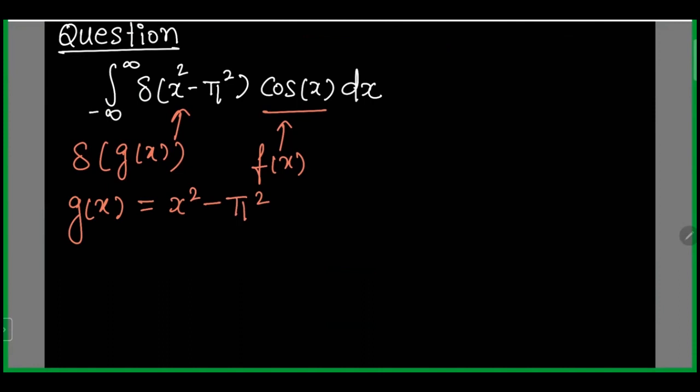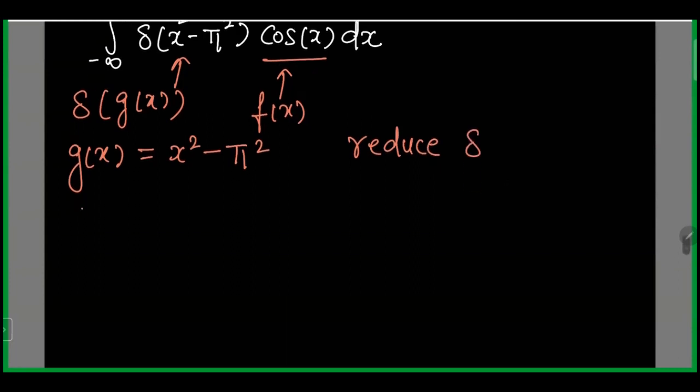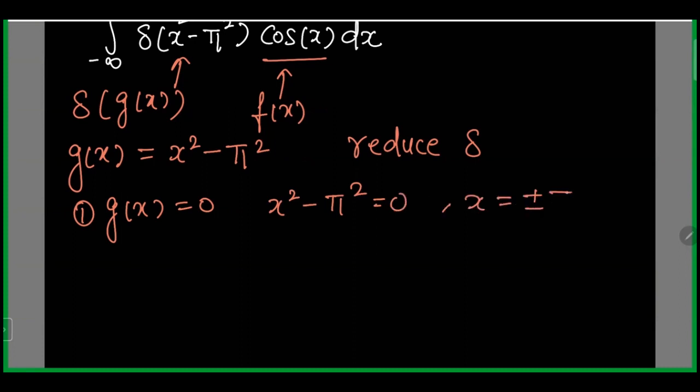Whenever there is g(x) inside a delta function, I simplify, or reduce, the delta. So how do you reduce delta? Step number one: find the roots of g(x). The roots of g(x) will be x equals plus minus pi. That is my step number one.